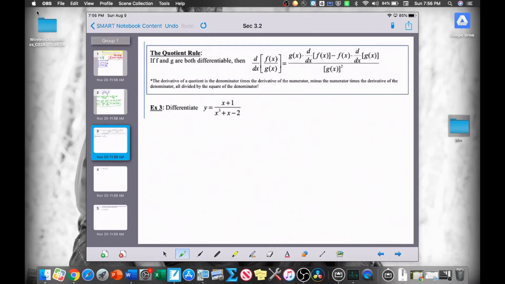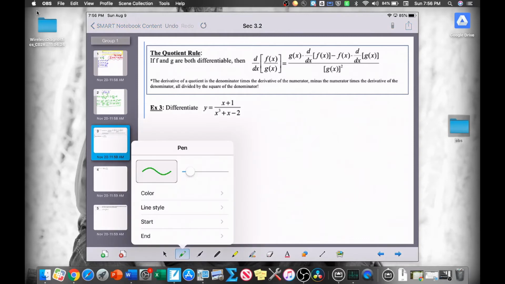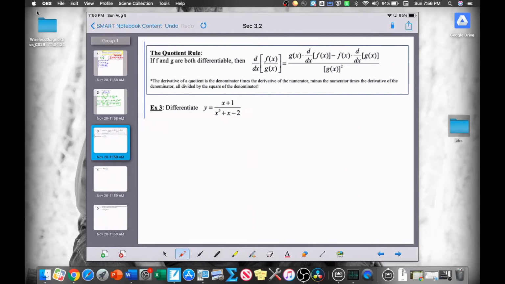All right, I have a little shortcut for you to help you remember this. Here's what the quotient rule says.